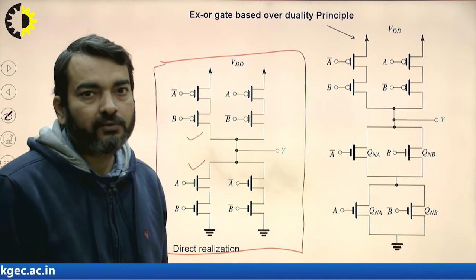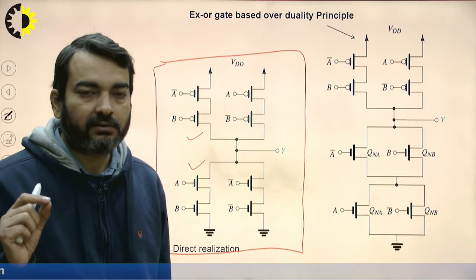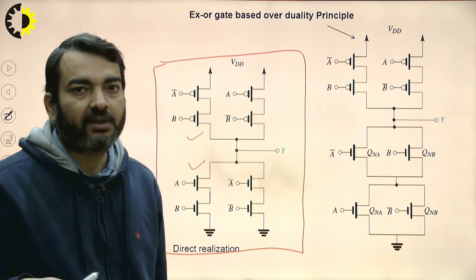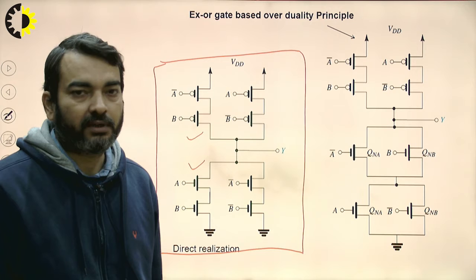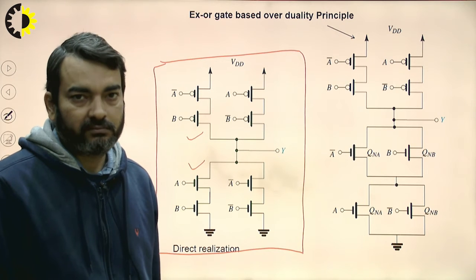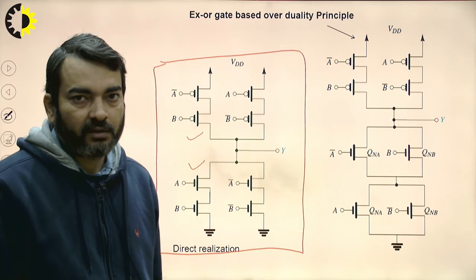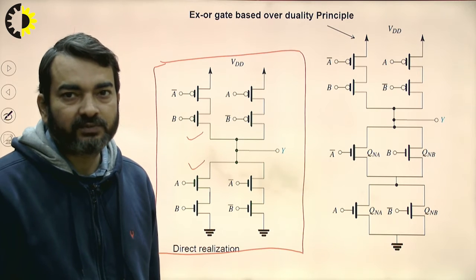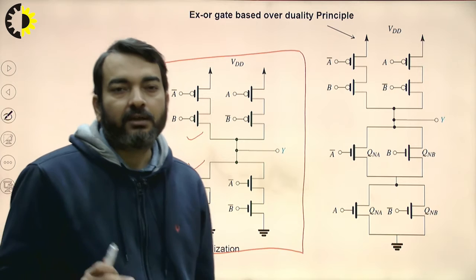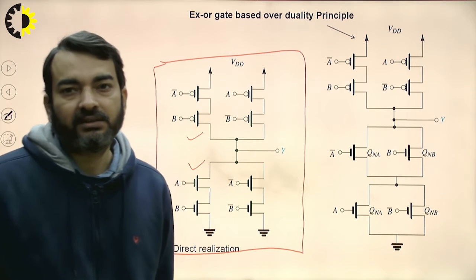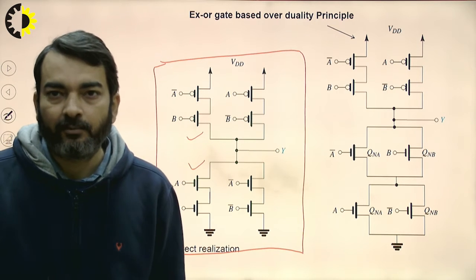In case of the duality principle, we will realize only one network, for example the pull-up network or the pull-down network, and the other network will be realized by applying the duality principle. So what is the duality principle? We simply replace parallel combination by series and series by parallel.